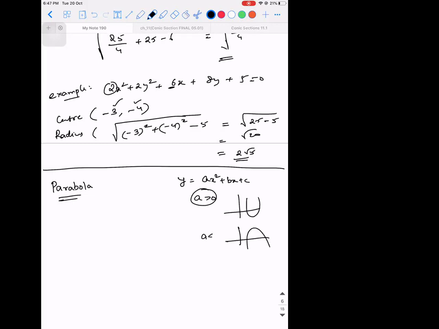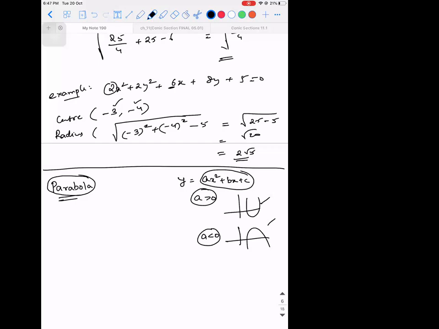If a is less than 0, then you will have an inverted U-shaped parabola like this, right? So you already know what is the shape of it. And you know that it is a second degree equation in one variable. The second degree equation in one variable is what is called as a parabola.